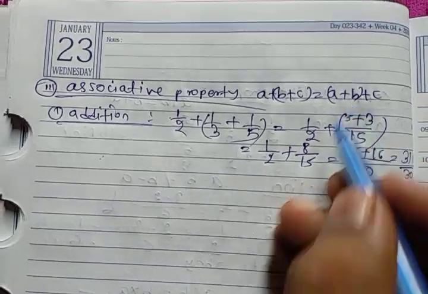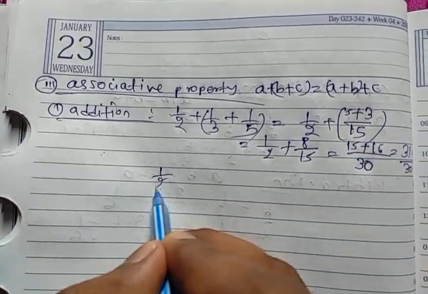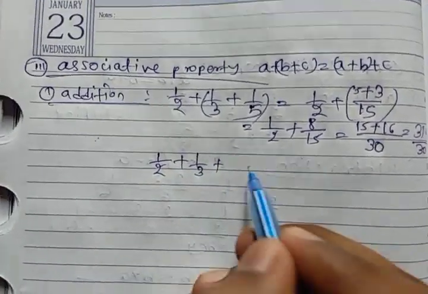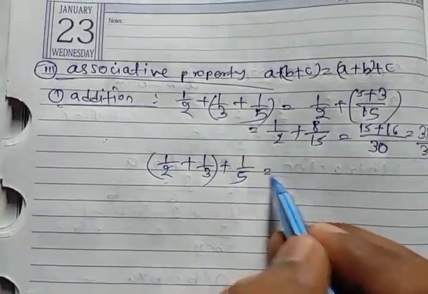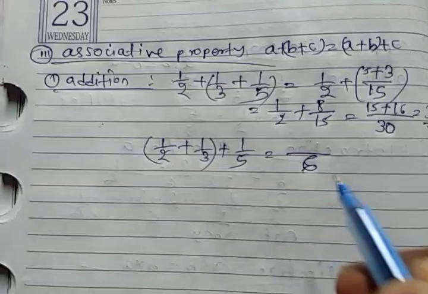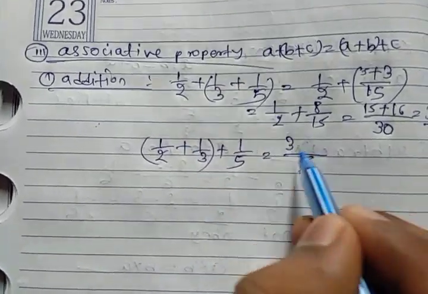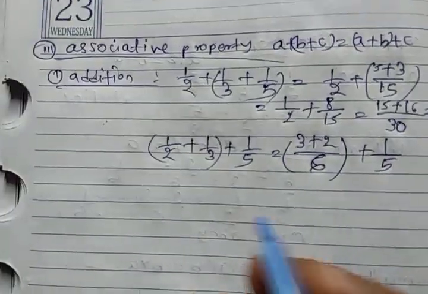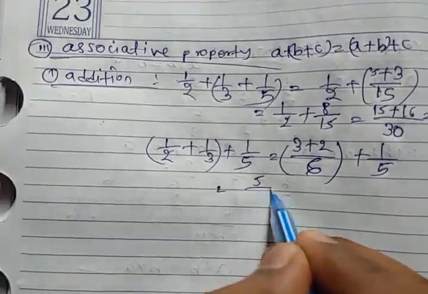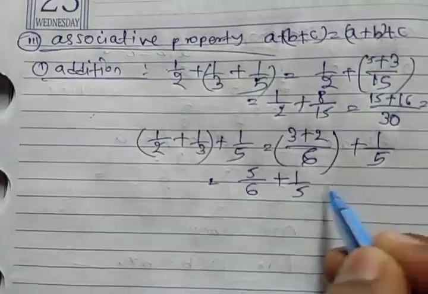So for the right hand side, 1 by 2 plus 1 by 3 plus 1 by 5. First we add these two numbers. So the LCM is 6. 3 plus 2, then plus 1 by 5. 5 by 6 plus 1 by 5.